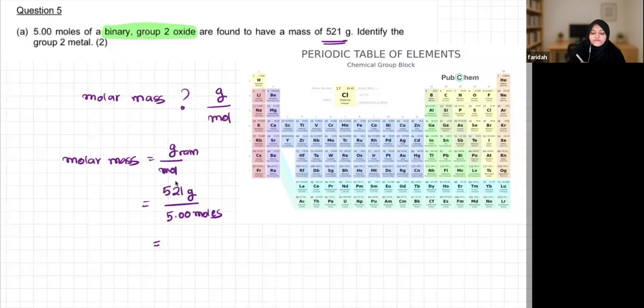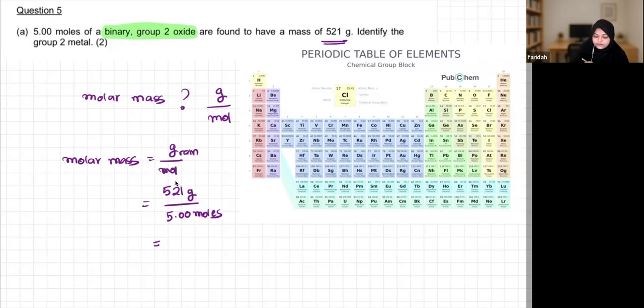If we just want to find the mass of X, how would we do it? We have to subtract the oxygen from the total, which is 104.2. This is the total, which is XO, but if we only want to find X, we have to subtract oxygen from it.